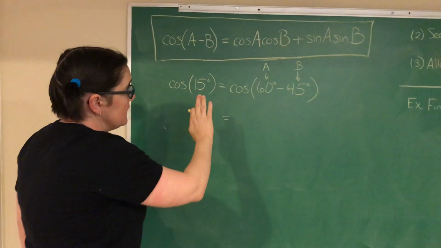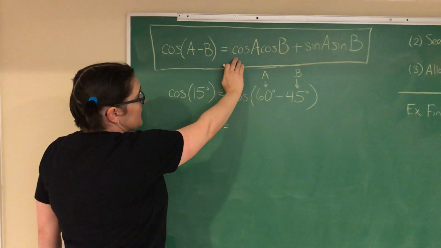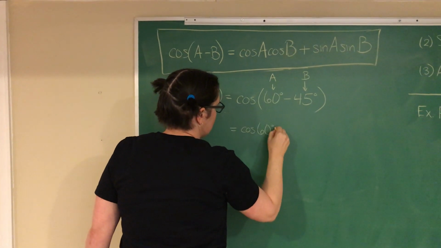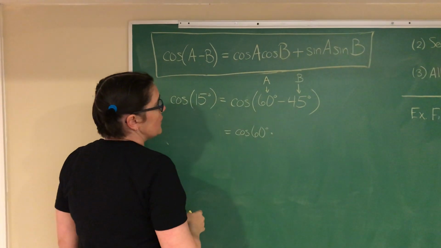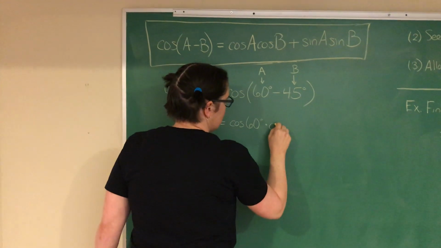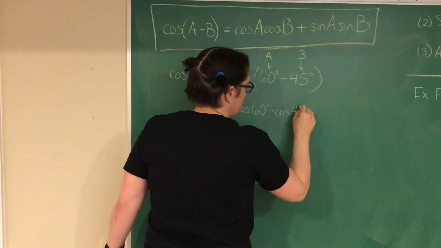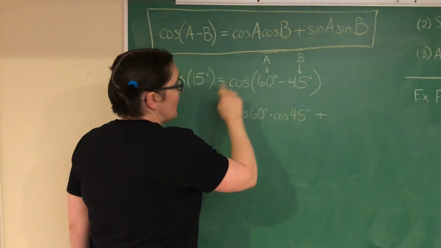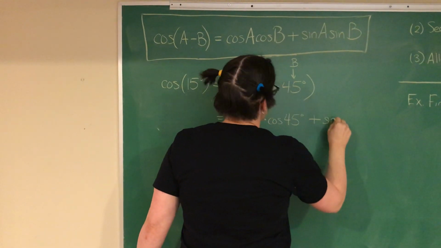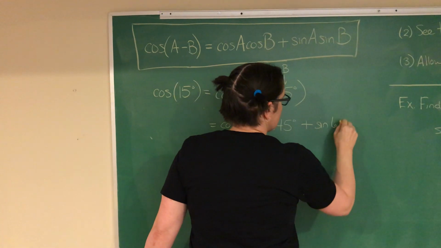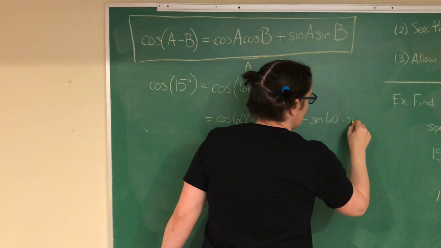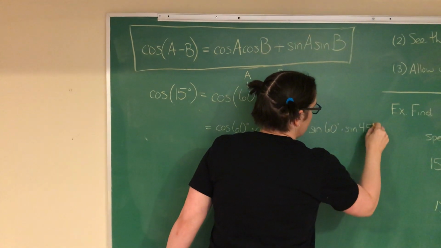So when I plug things into the formula, our formula says cosine of A, so that will be cosine of 60 degrees, times cosine of B, so that will be times cosine of 45 degrees, plus sine of A, so that's sine of 60 degrees, times sine of B, which is sine of 45 degrees.